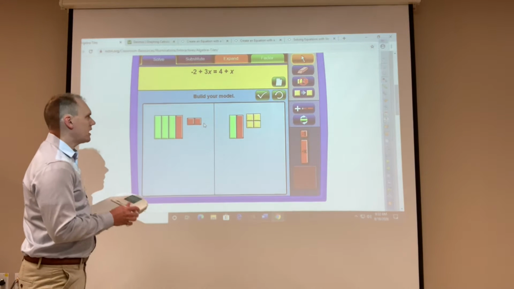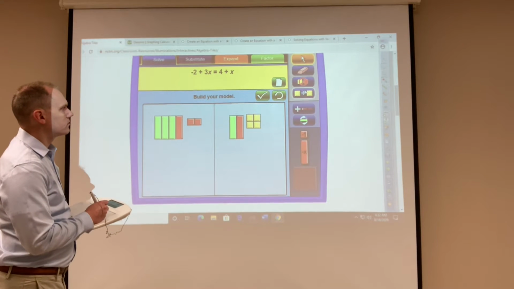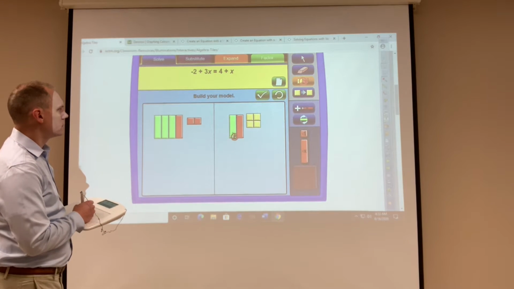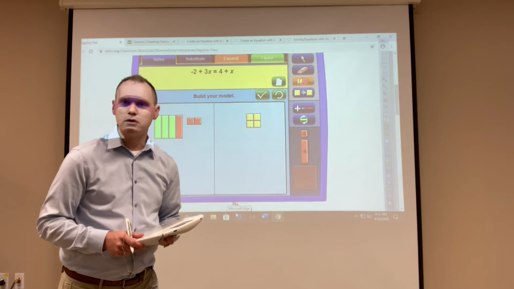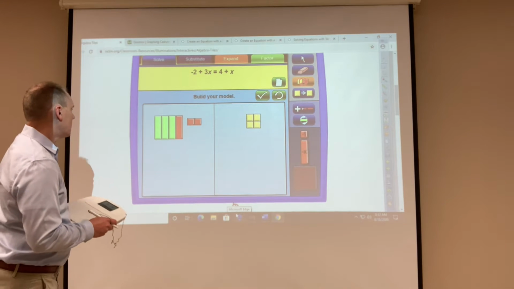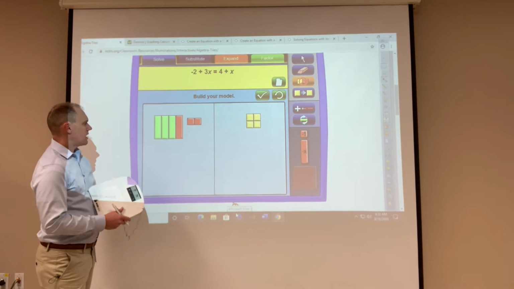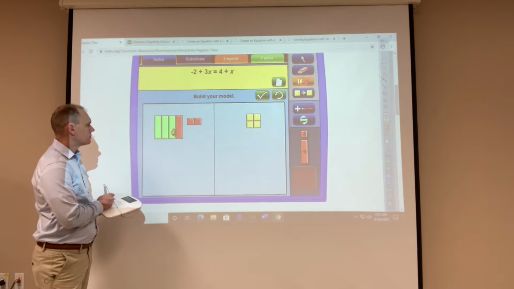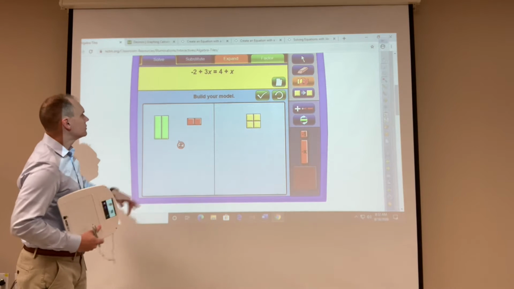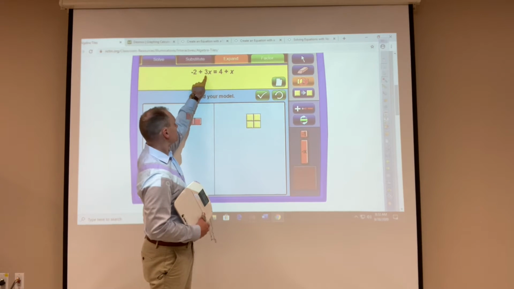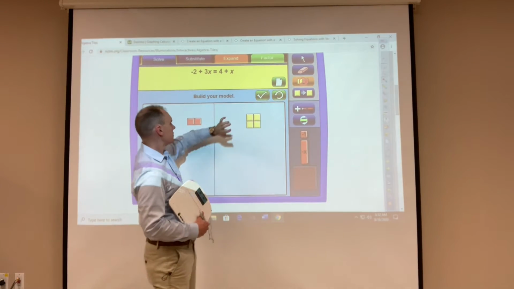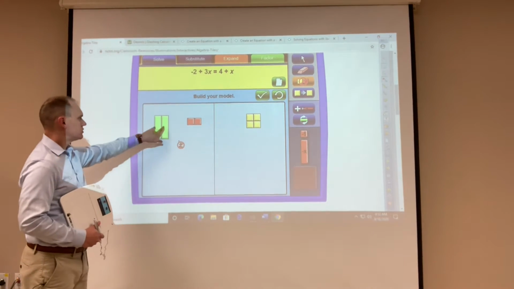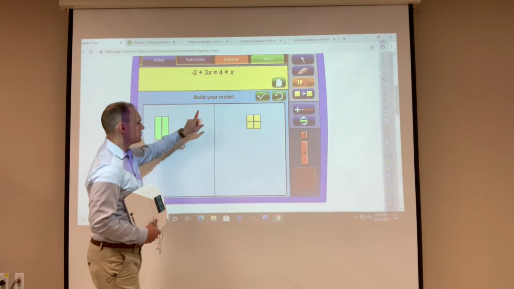If I click this button here, these two go away now, because those add to give us 0. And over here, the same thing is going to happen. So all we've done so far is subtract x from both sides, and now we're left with 2x minus 2 equals 4.